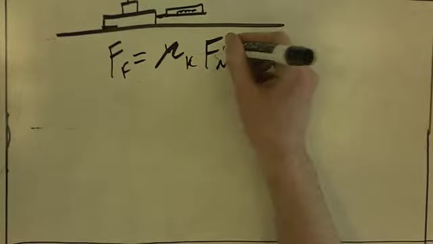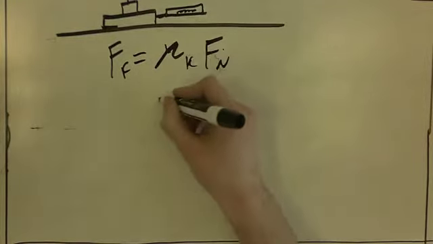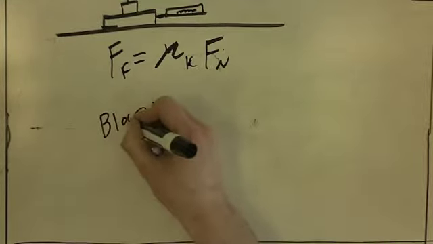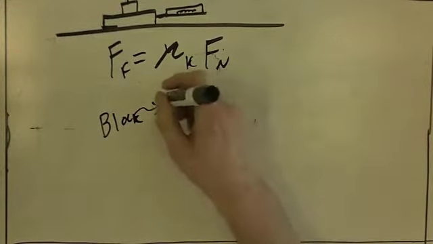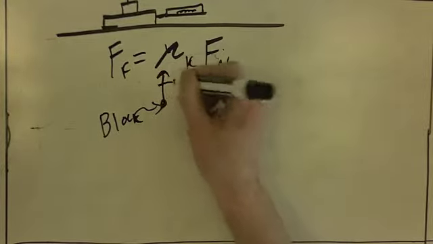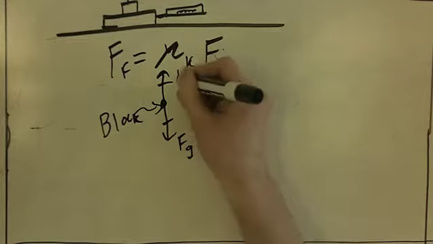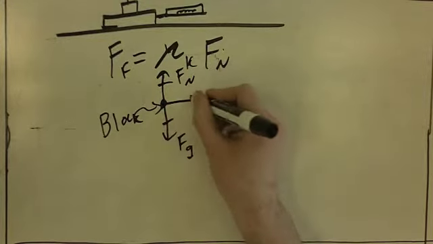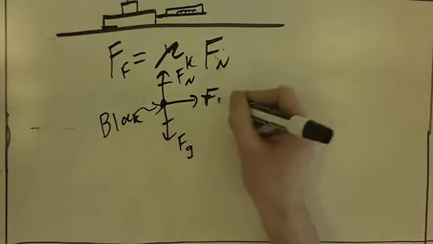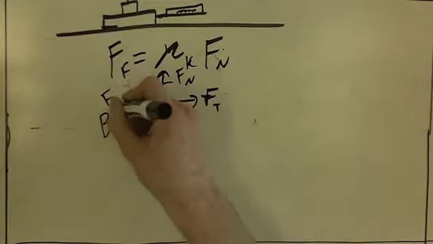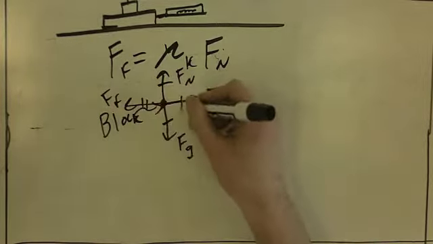And what do we mean by the normal force? Well, if I go and look at the block, here this would be the block, and there would also be this tension force from the spring, and then the force of friction backwards, and these are equal. Okay?